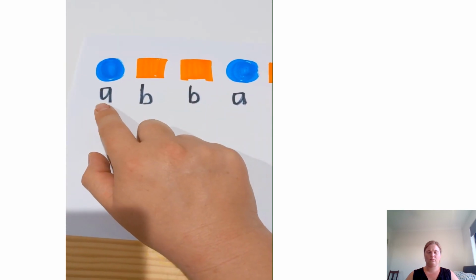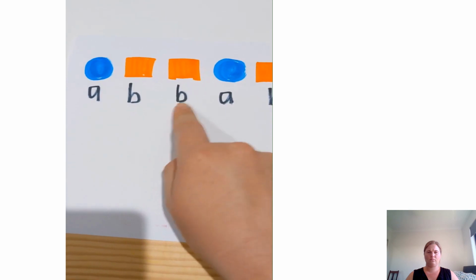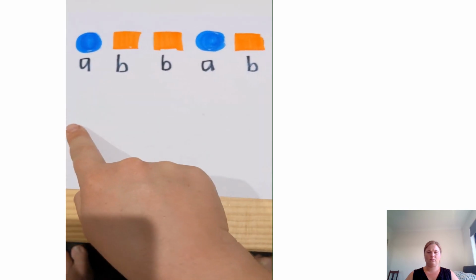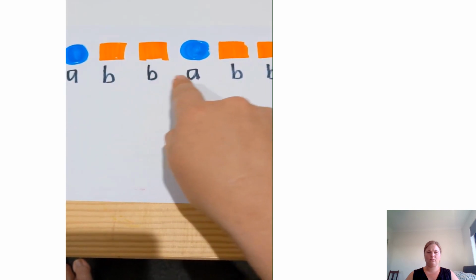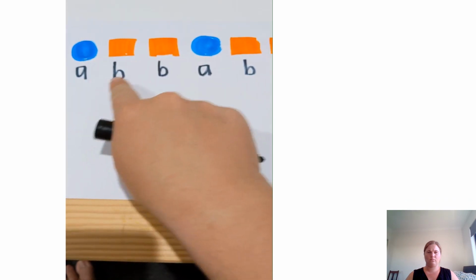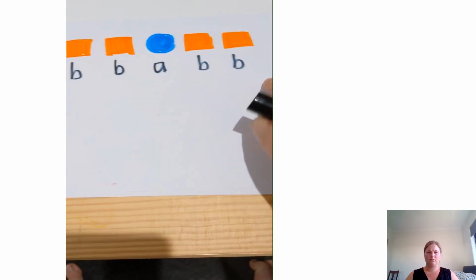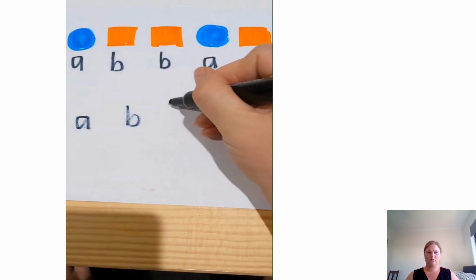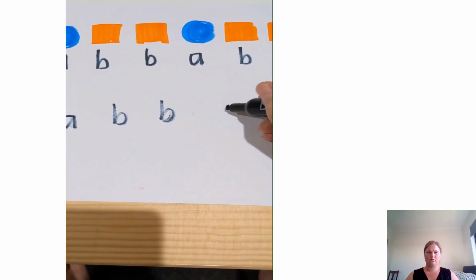Or I could represent it as an ABB, ABB pattern. So if I was to write underneath the continuing of this pattern, if I was to write my pattern ABB, ABB, I know that my pattern goes ABB, ABB.